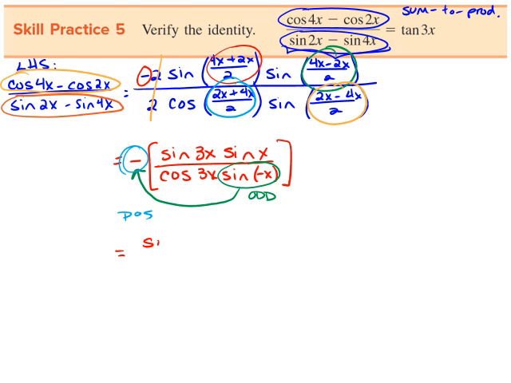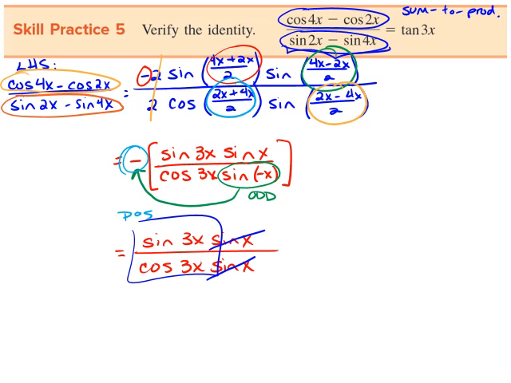So we get sine of 3x times sine of x in the numerator, and cosine of 3x times sine of x in the denominator. The sine of x's cancel, and I'm left with sine of 3x over cosine of 3x, which is the same thing as tangent of 3x.